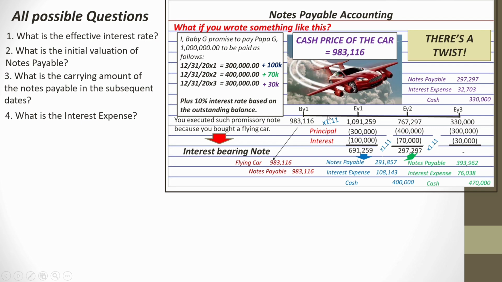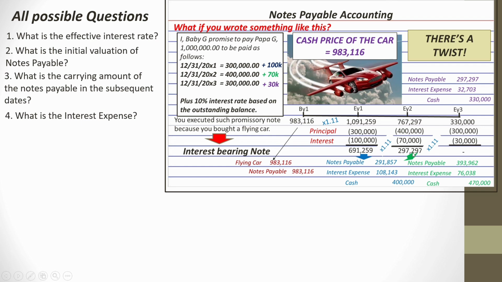And again, the difference is 108,143, which can also be extracted from this journal entry. Okay? So the same pattern can be applied to get the interest expense in years 2 and 3.